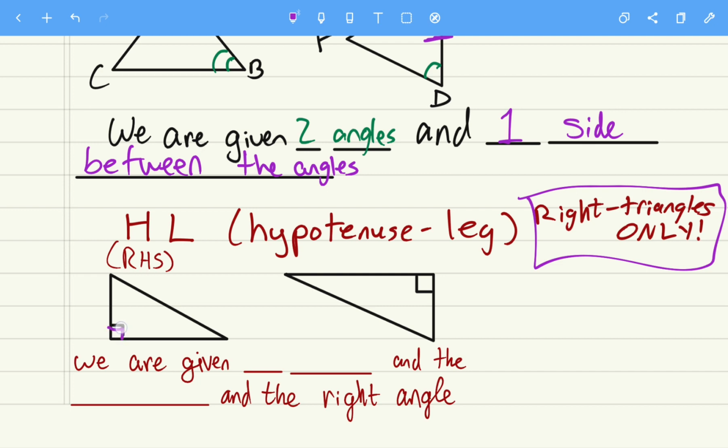So we know that this is a right angle right here. All right angles are congruent with each other because they're all 90 degrees. So we are also going to be given one leg or side. So let's say we have the short leg here and the hypotenuse.